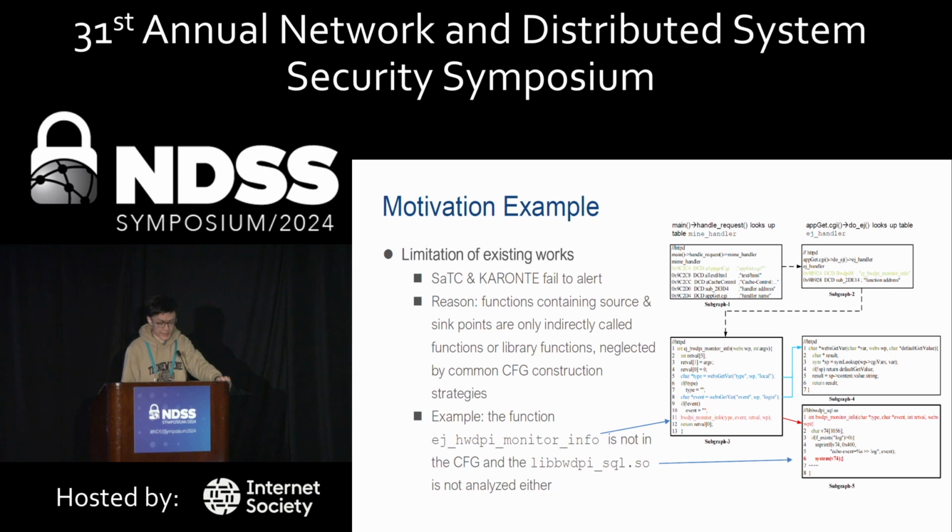So existing works all fail to identify this function and will not include this function in their constructed control flow graph. That is the root reason for failing to identify these source points. As a conclusion, an incomplete control flow graph is a major reason why the source and sink points are usually lost in analysis.